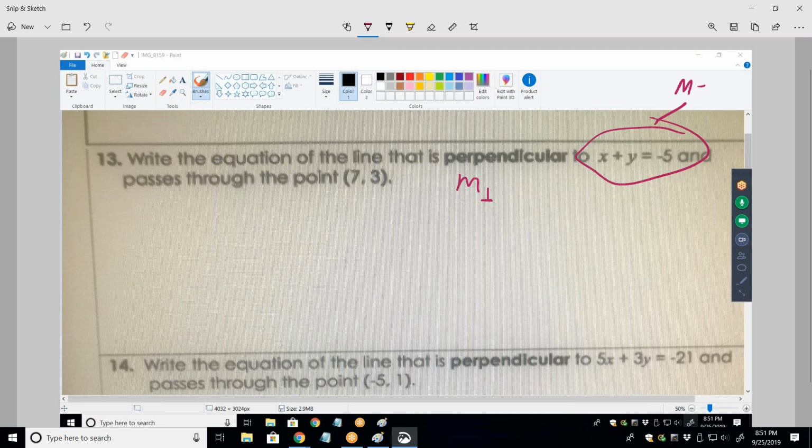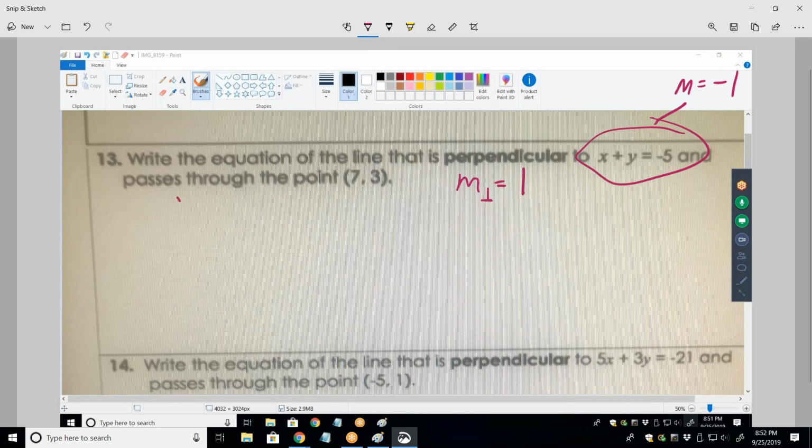It'd be negative 5x, right? No, negative 5 is the y-intercept. It'd be negative 1. So what's the slope of the perpendicular? 1. Okay. Use point slope. Give me the general format and then plug everything in.